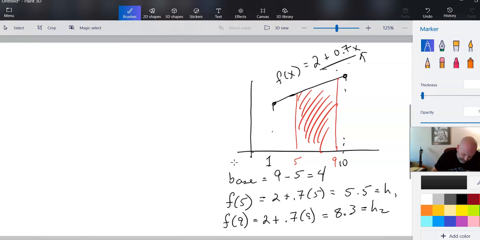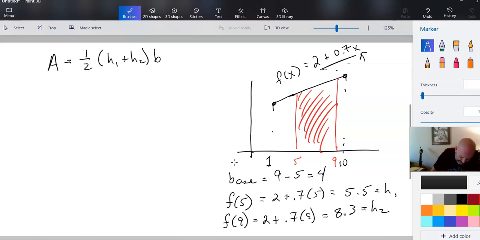Okay, and we know the formula. A is equal to 1/2 times H1 plus H2 times the base. Now it's just a matter of plugging things in, right? So our base is 4. I know that.